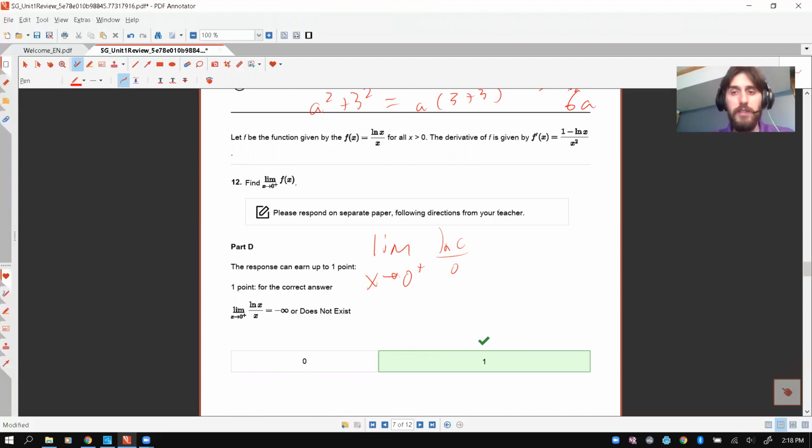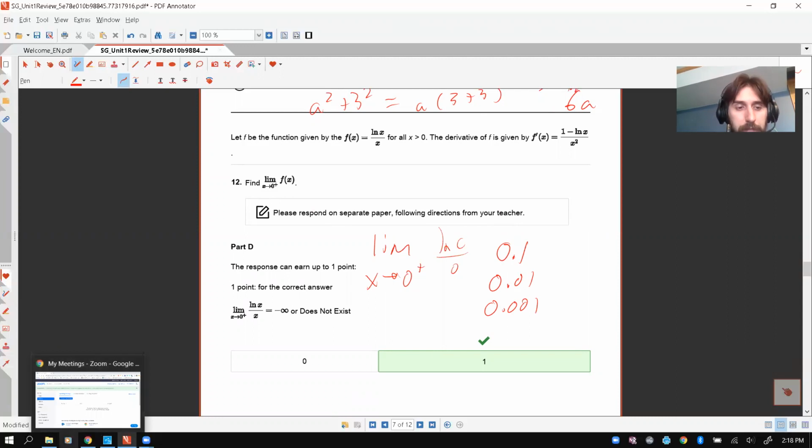So the next thing that you could try then is to graph it, or to make a table and just do values as you get closer and closer to 0 from the right. So good candidates to test would be 0.1, 0.01, 0.001, and so on and so forth if you needed to in order to find out what that is.